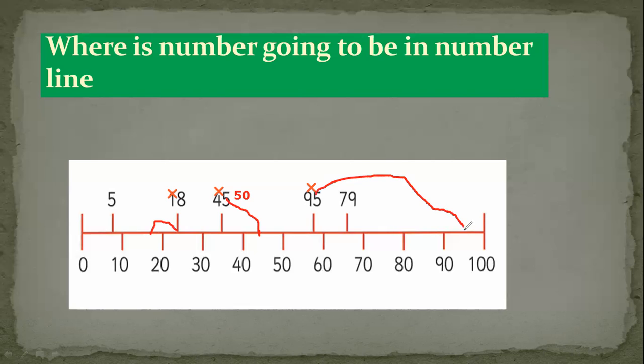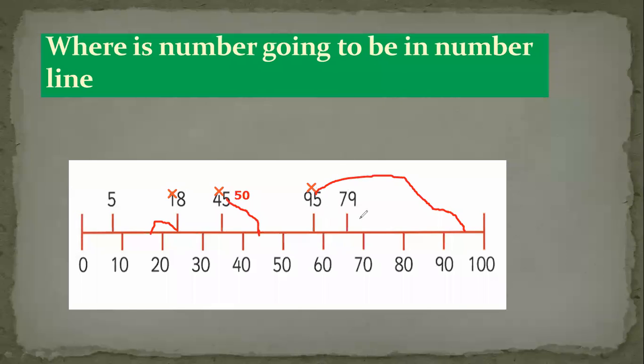It will be here. So when we round 95, it will be 100. Why? Because it is the midpoint between 90 and 100. And it is the midpoint, so we are going to take the next 10.